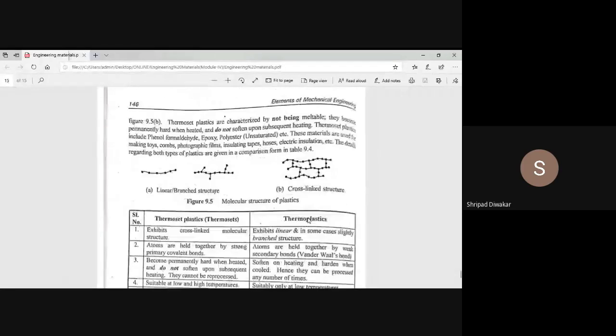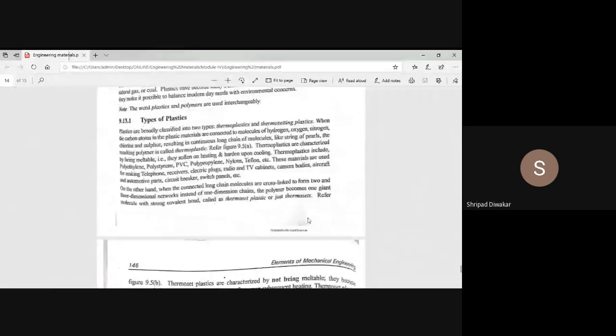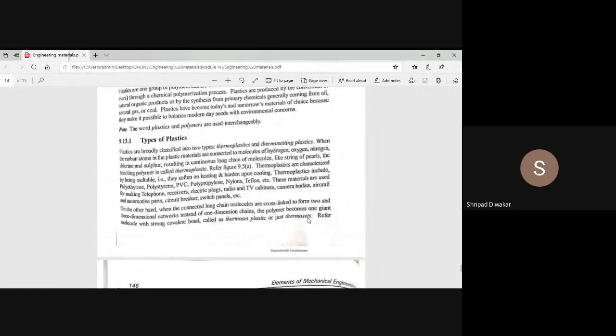You remember what plastics are, the classification of plastics, and the difference between thermoset plastics and thermoplastics.